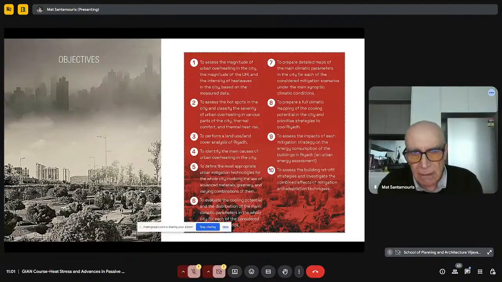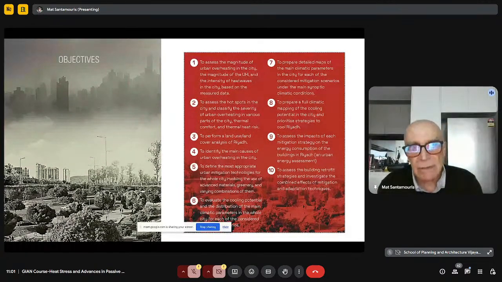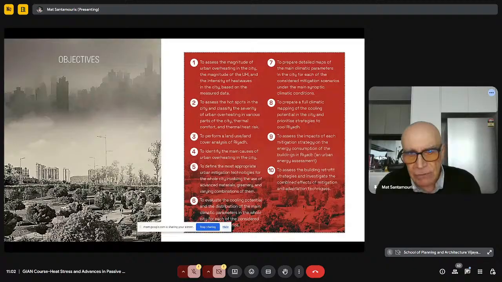It is the type and the characteristics of the heat mitigation strategies that are selected. It is very important to assess the cooling potential and the distribution of the main climatic parameters in the city.